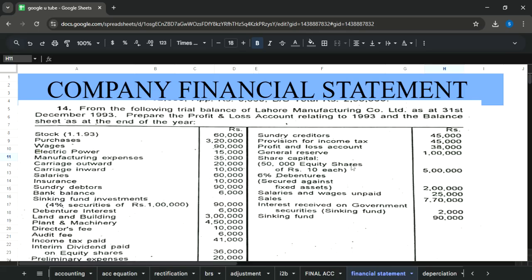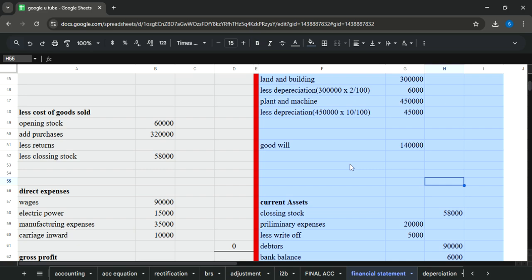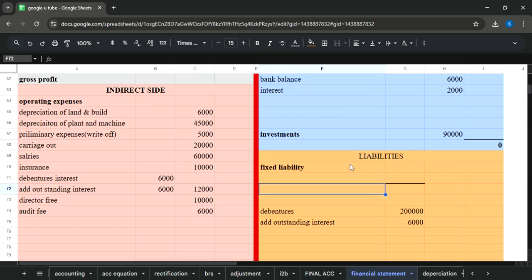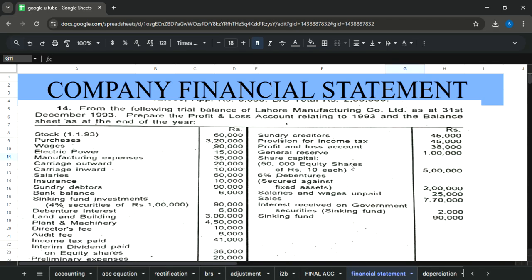Then we have capital, and this is issued, paid up, and subscribed capital. So come over here, issued, paid up, or subscribed capital. Please note it down. The capital which would be present in trial balance, that would be the final amount of capital.